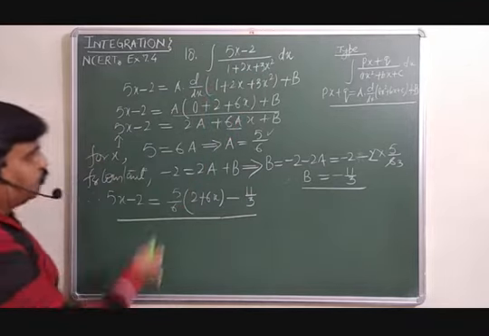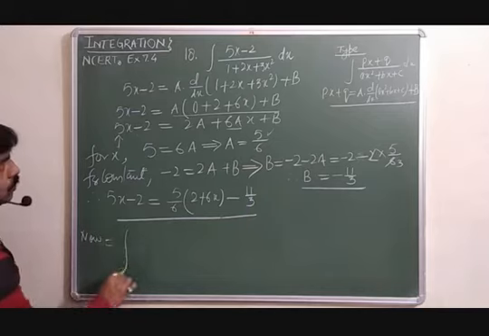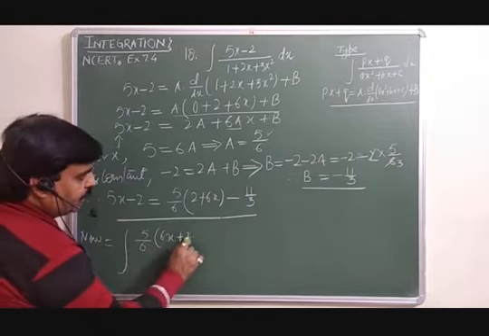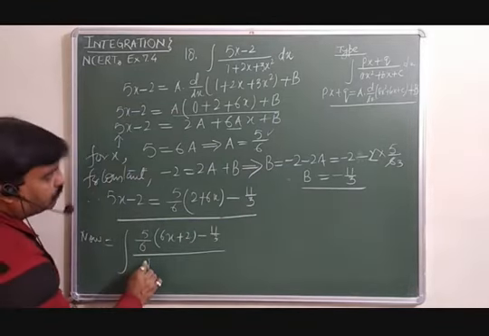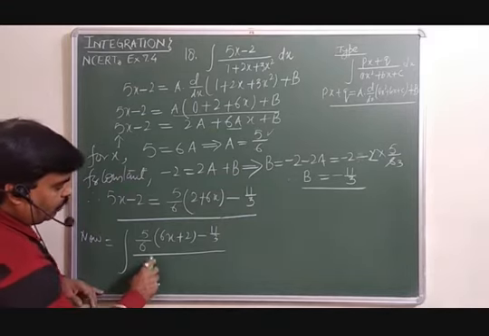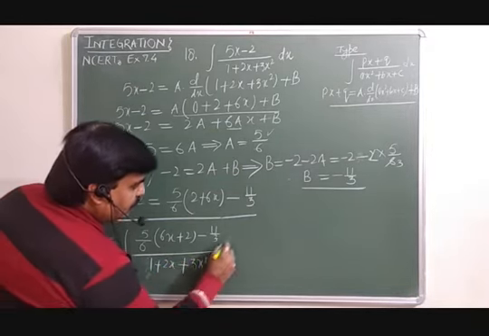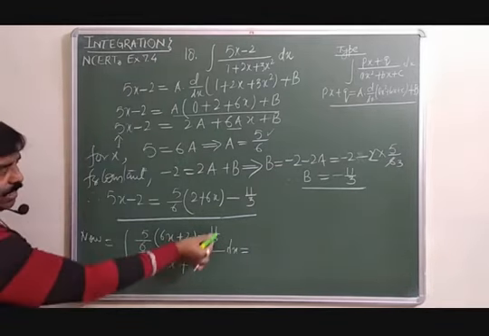You can break this. So this can be written as 5 over 6, 6x plus 2, minus 11 over 3, whole over 1 plus 2x plus 3x square dx. You can break this one and write it below.